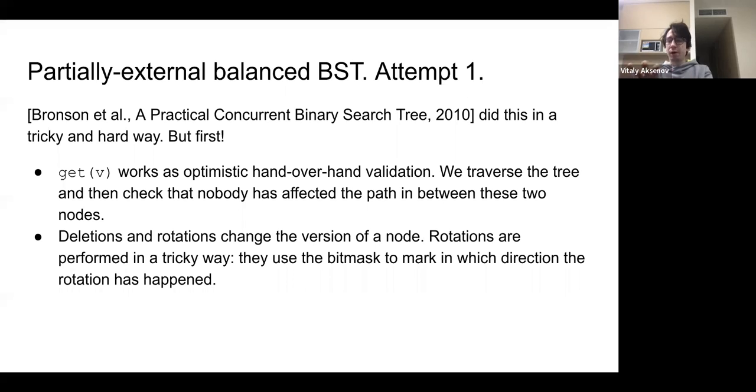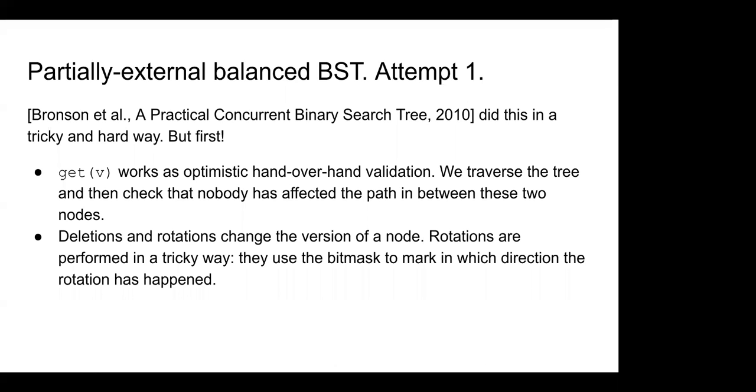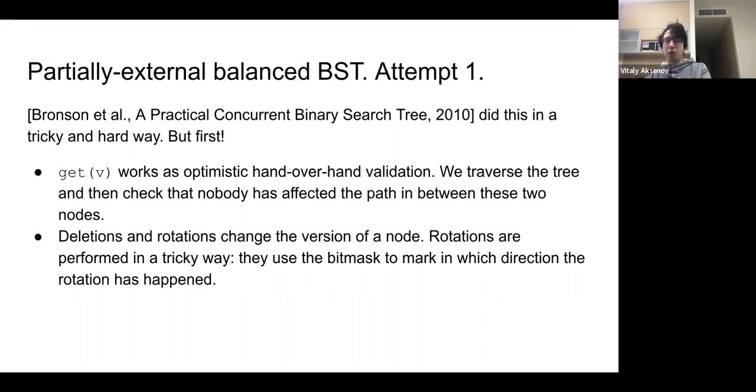So if you remember, possibly, do you remember hand-over-hand locking? Not really. Okay, no. So when you have a list, I will try to explain, if you can see me on the picture. You have a linked list, and you want to add an element somewhere.